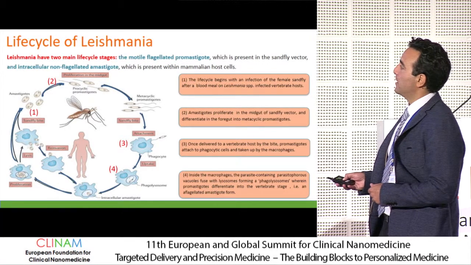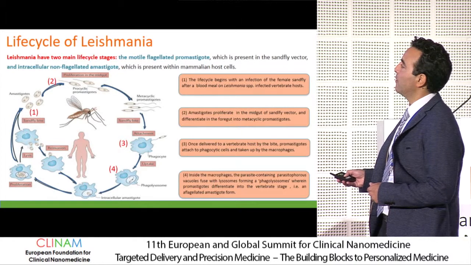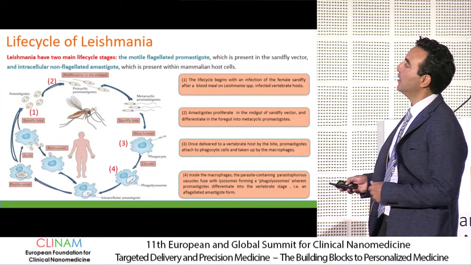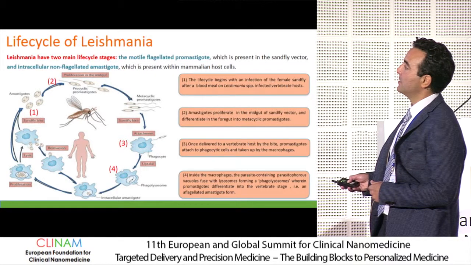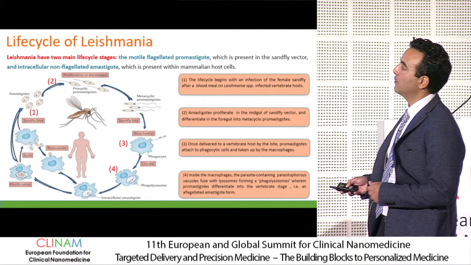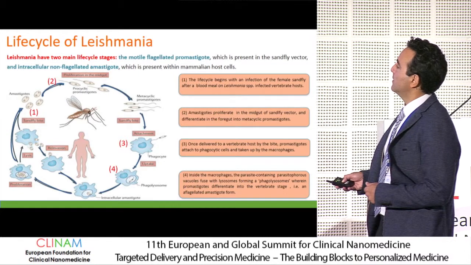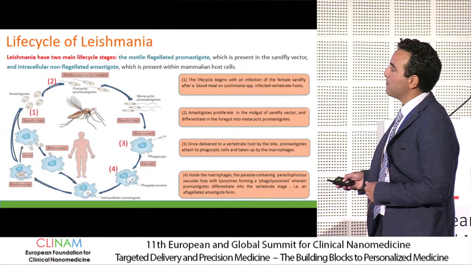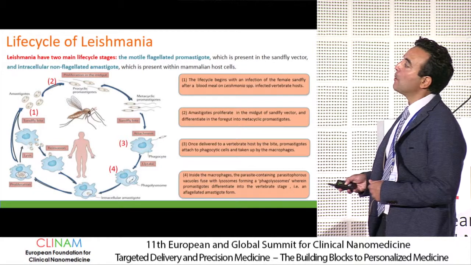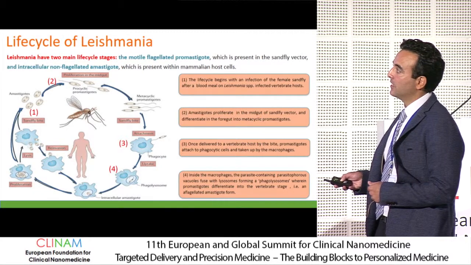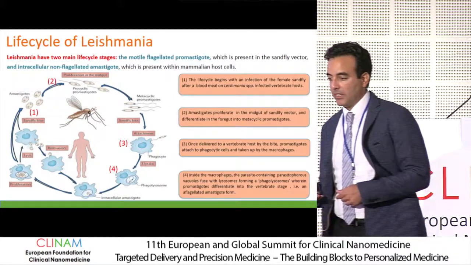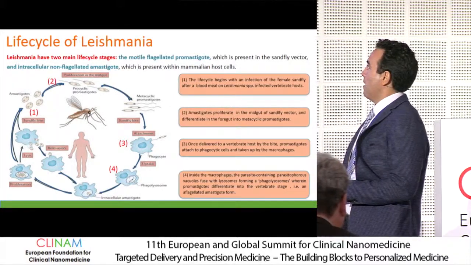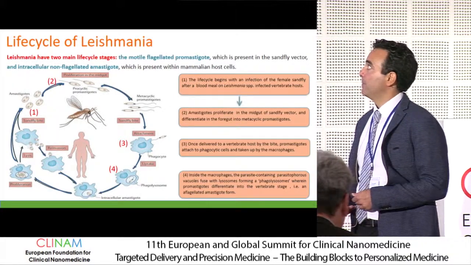Inside the macrophages, the parasitophorous vacuoles fuse with the lysosomes and form phagolysosomes, wherein promastigotes differentiate their form into the intracellular non-flagellated amastigote form. Then the proliferation of the parasites continues and the disease becomes more and more serious.